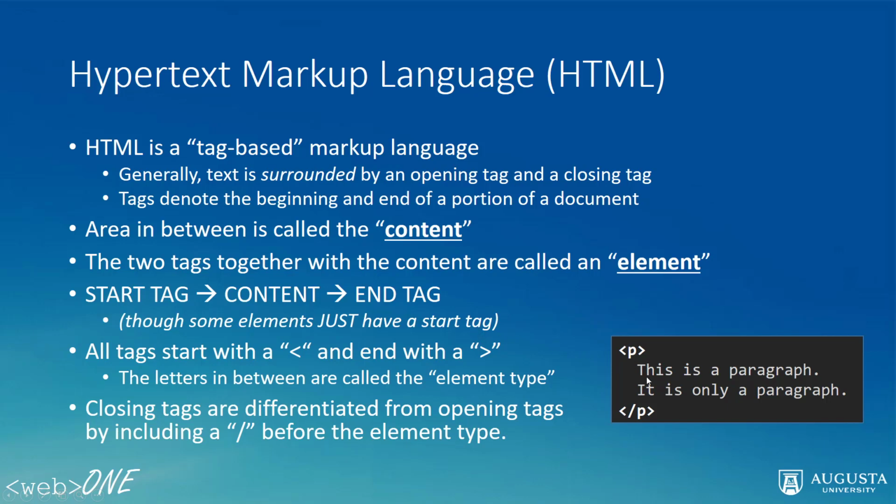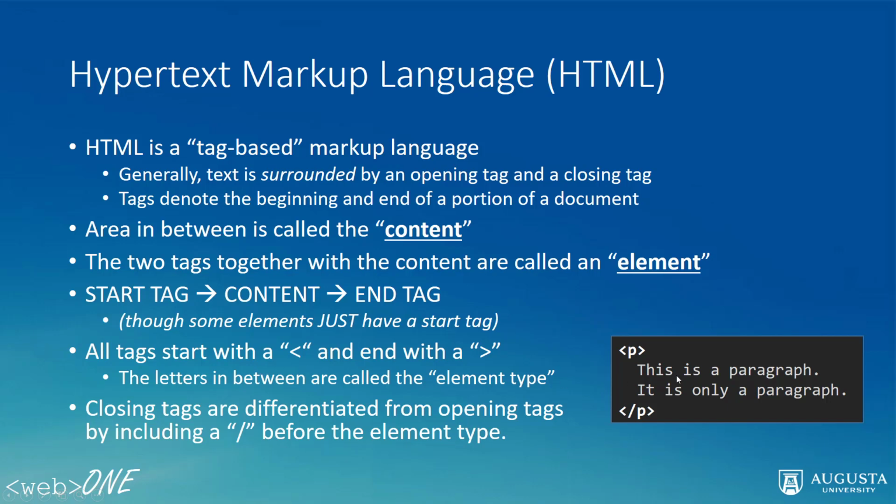We have some elements which cannot have any content by nature. Like we have a horizontal line element. A horizontal line cannot have any content. This kind of element has only a start tag. They don't have content, they don't have an end tag.